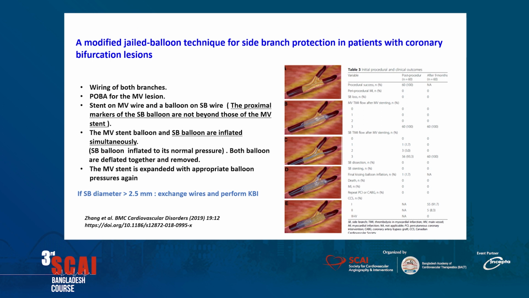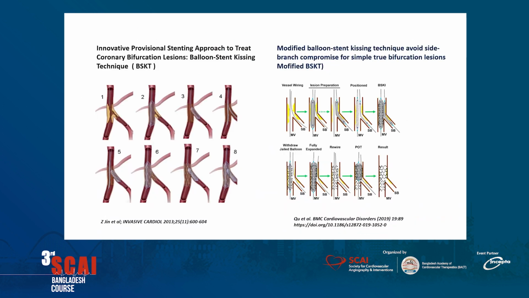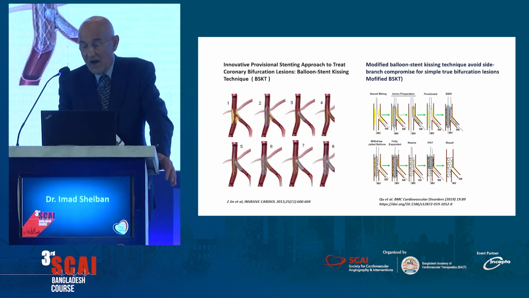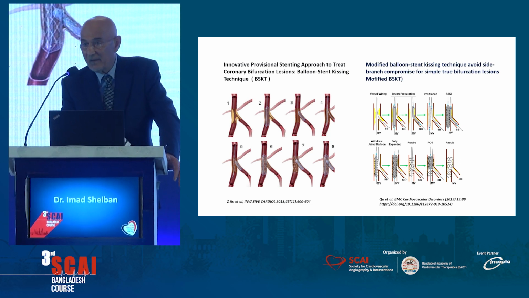And this was reported in 2019 and was modified by jailing the balloon, again inflating both balloons separately, then inflating simultaneously. That means doing kissing balloon, the jailed balloon with the stent, retrieving the jailed balloon, and the procedure will be completed, recovering the side branch. Again, this is what is called the balloon-stent kissing technique, which was modified by adding a POT after retrieving the jailed balloon.